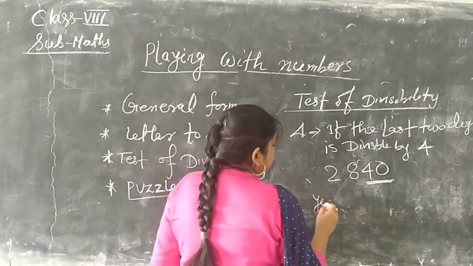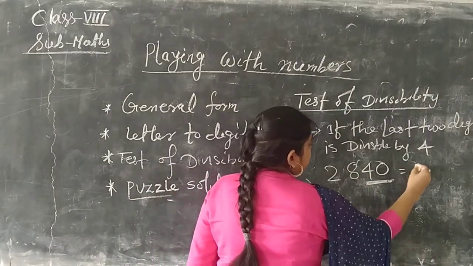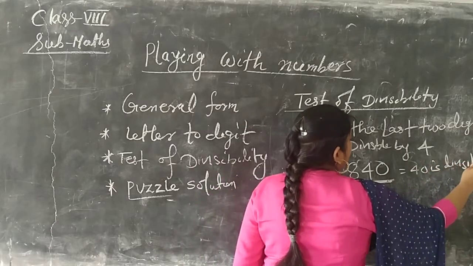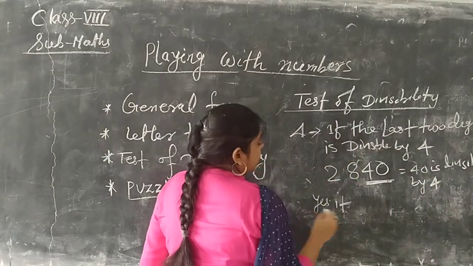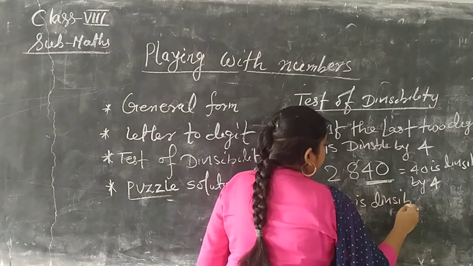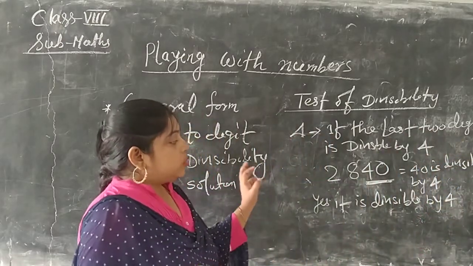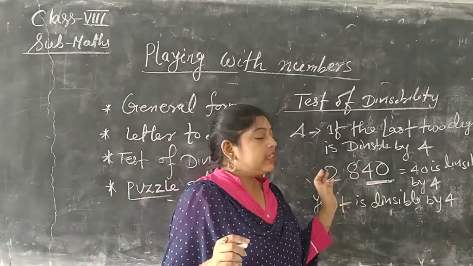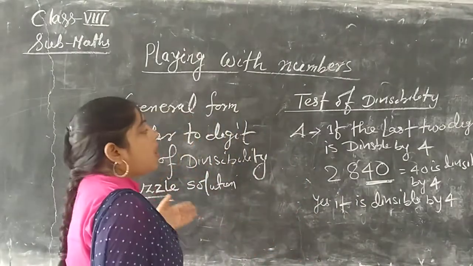So the number is divisible by 4 if the last two digits are divisible by 4. So this is the rule of divisibility by 4.